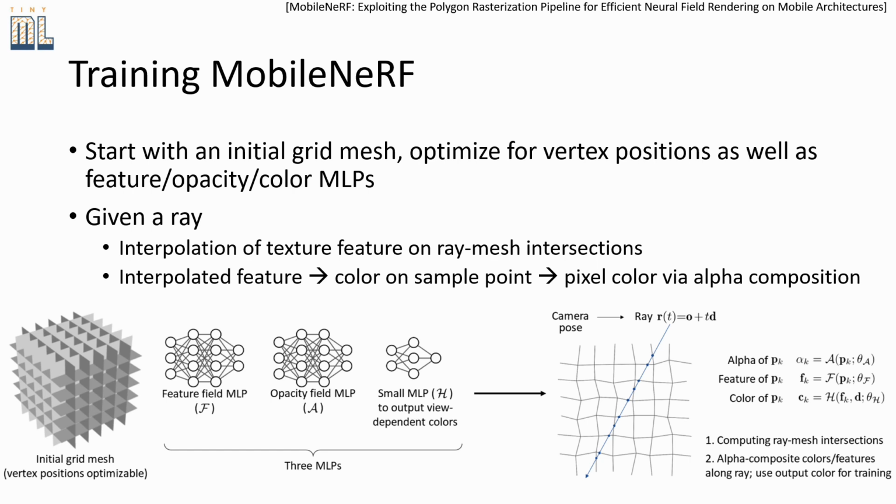They are now sample points. On those points, we run 2 MLPs in their solution to obtain the probability of surface and some feature vector. And then we do alpha composition or weighted summation, as I mentioned earlier. And then finally, we obtain the pixel color for the ray.